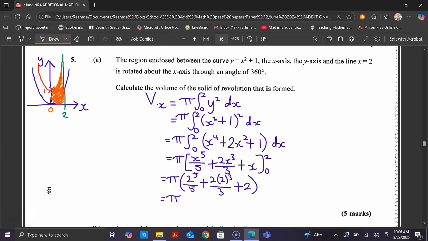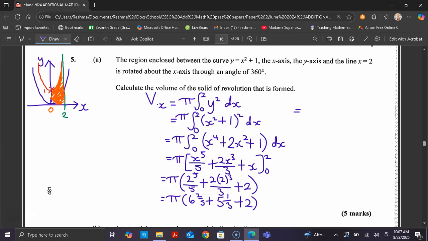So if we evaluate this, 2 to the power 5 is 32 over 5, which is 6 2/5. 2 cubed is 8 by 2, 16 over 3 is 5 1/3. And we have plus 2.